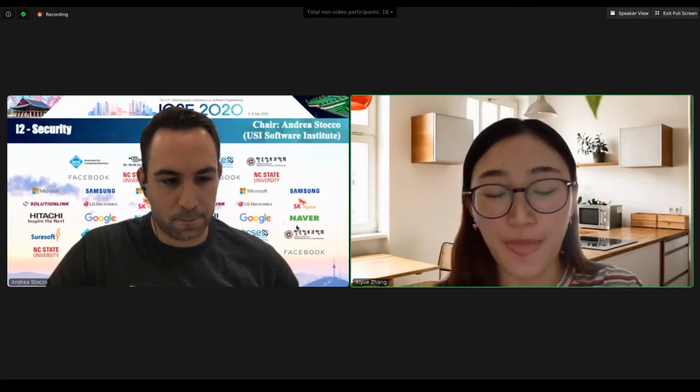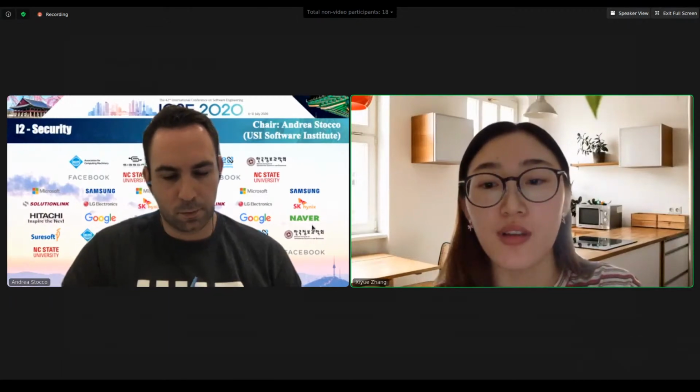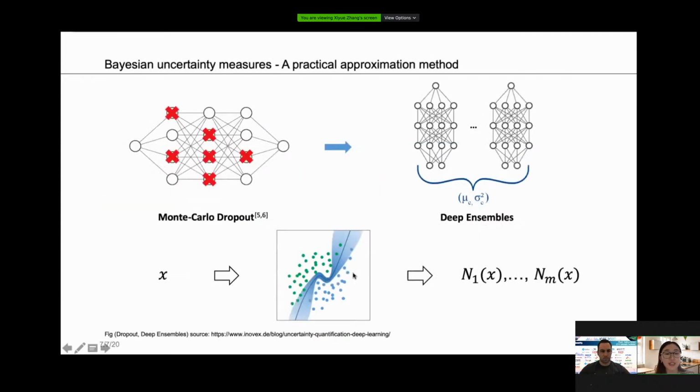Yes, actually, compared with previous research work, the main difference of our work is that we use the Bayesian uncertainty measures to characterize the data inputs and generate data inputs with more diverse patterns. But it is very difficult to estimate the uncertainty measures, so we leverage Monte Carlo dropout to deal with this situation.